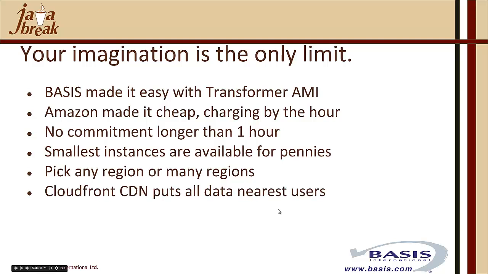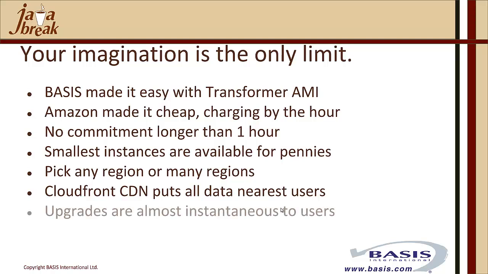You can also use CloudFront once you're in the cloud. That's a CDN, a content delivery network that puts all data nearest to your users. So if you have users that are scattered out across the US or around the world, CloudFront will make sure that the data is being served from the nearest server to that customer or user.